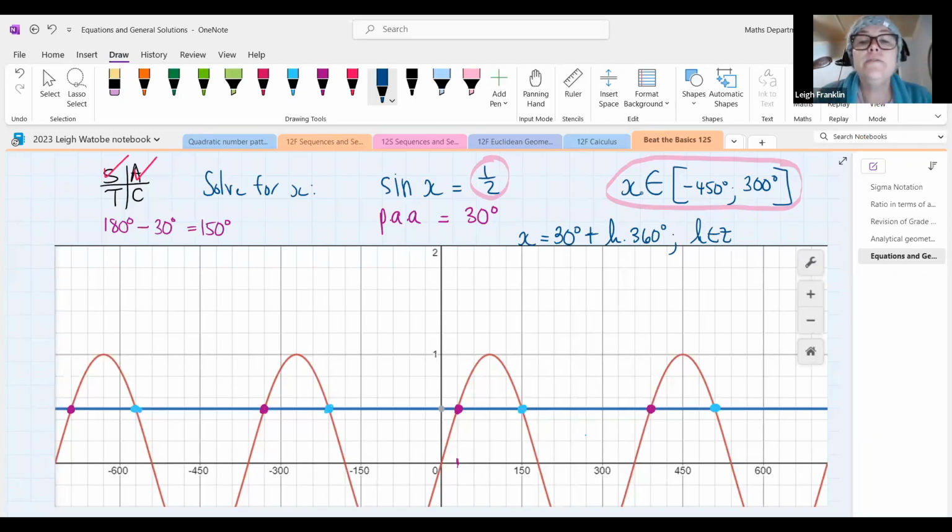This refers to the purple dots. If k is equal to 0, then that is this solution over here where my pen is now, the one at 30.